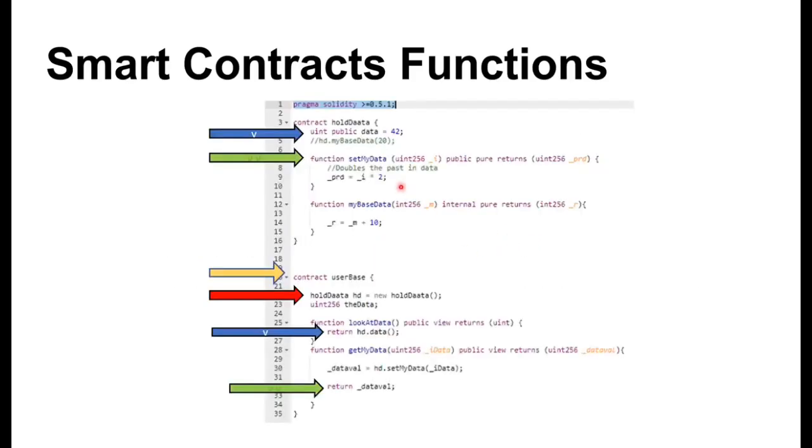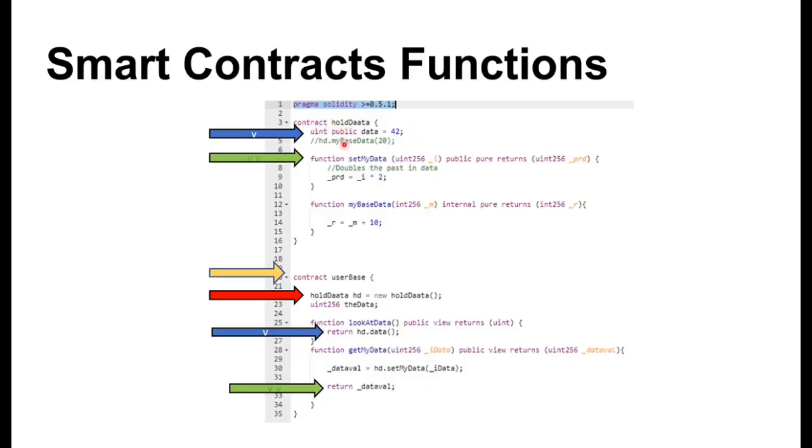Let's take a look. We see here that this is one Solidity file. In this case, there are two contracts: contract hold data, and there must be some kind of play on the double A, and then contract user base, so two contracts.